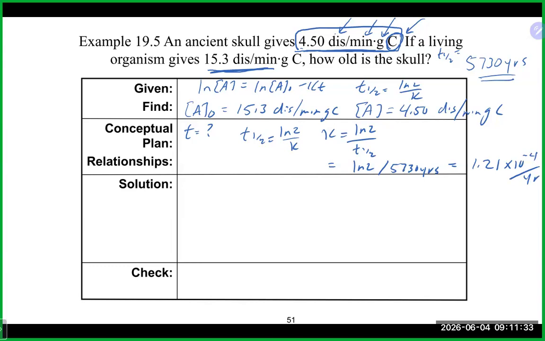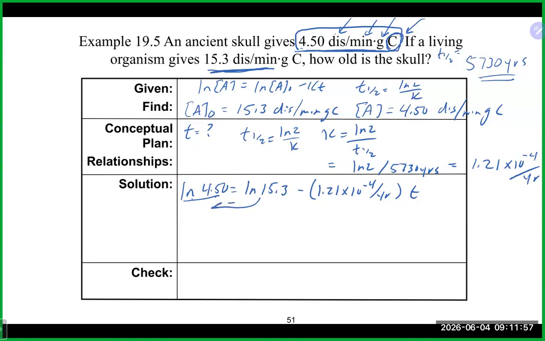So the natural log of our final 4.5 equals the natural log of our initial 15.3 minus our k that we just got, 1.21 times 10 to the minus 4 reciprocal years, times our time. So again, take this to the other side and subtract it.